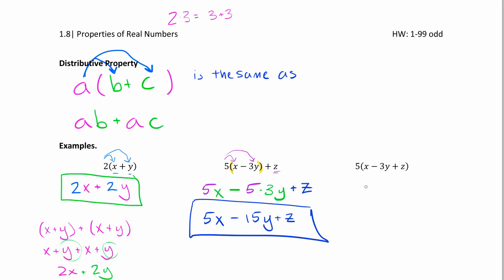Now here, this looks really similar, but you can see what's different is that now all 3 of these things are inside the parentheses. So that 5 is just going to distribute to every single thing inside those parentheses.